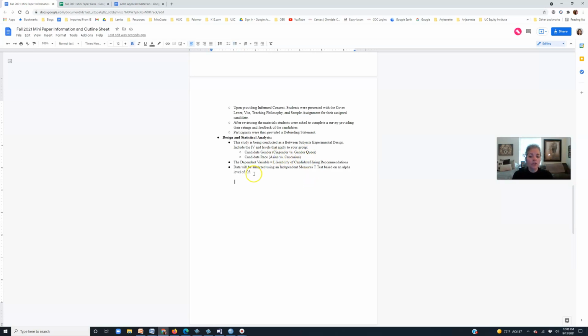Okay? And you will use an alpha level or a criterion of 0.05. So anything less than 0.05 is considered statistically significant. Anything greater than 0.05 is not considered statistically significant. So again, I want you to go back to stats and think about, when do we reject the null?